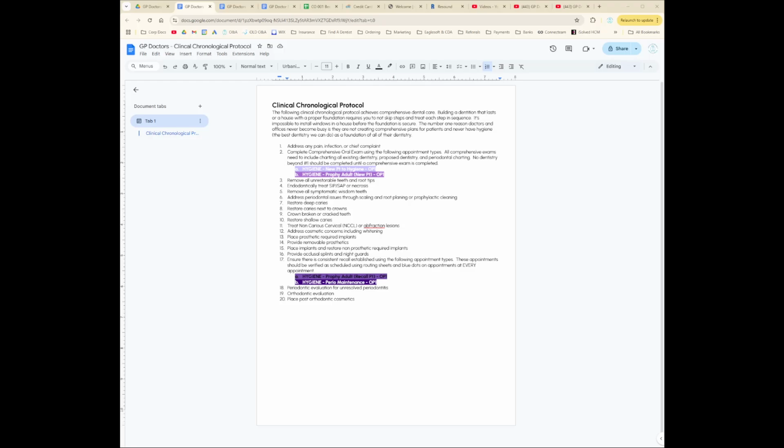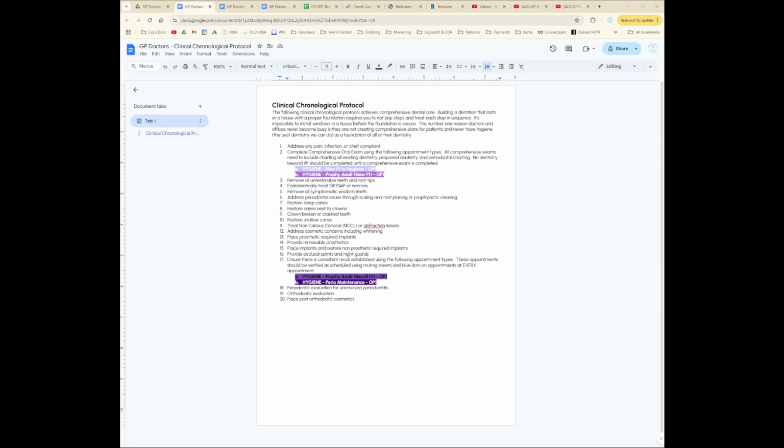As I've matured in my career, what I've found is that I'm very sequential in how I address patients, and even if they come in with something that looks complicated, if I break up the sequence into very specific things, then I always can get the same result, which is a house with a good foundation, and I know that the windows, or my dentistry, is going to be as good as it can possibly be.